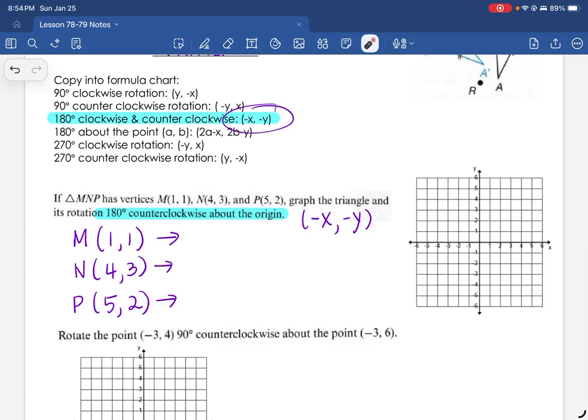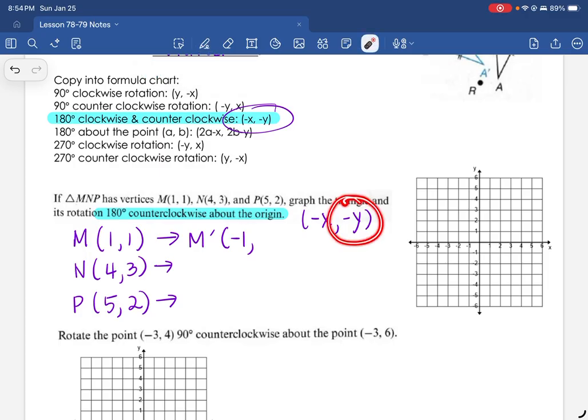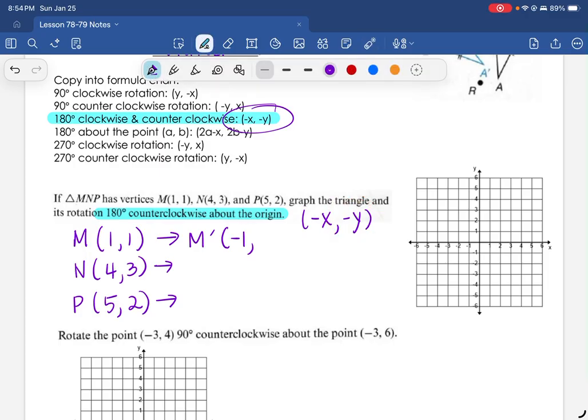It says here to rotate the point negative 3, 4, 90 degrees counterclockwise about the point negative 3, 6. Let's first start by plotting both of those points. So negative 3, 4 is right here.